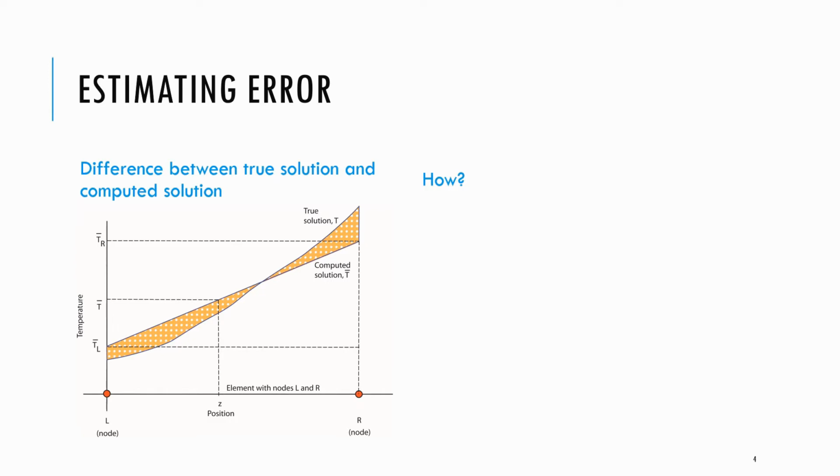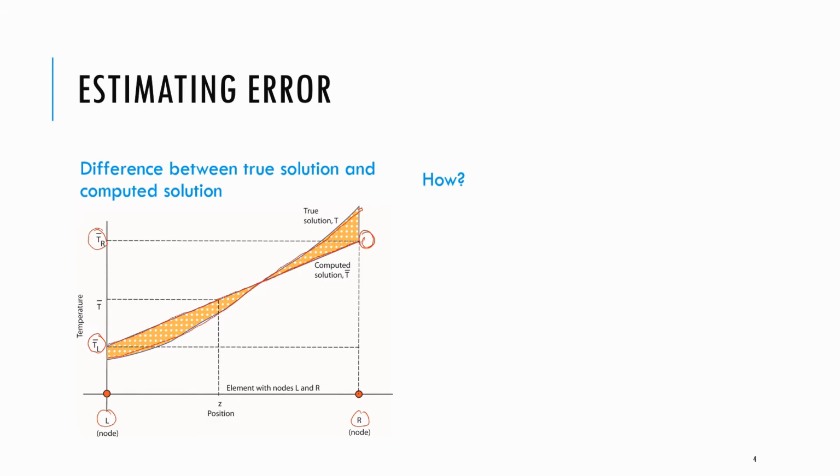For that, we go back to the finite element method. And what we discussed there is if we have a true solution, okay, and then we develop our finite element solution, which for a two-noded element, we're going to get two nodal temperatures. Okay, this is the other temperature, and any point in between would be interpolation between those two temperatures.